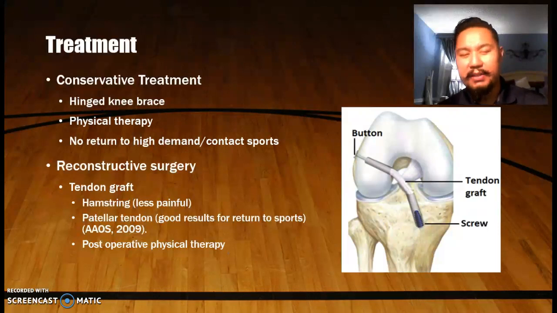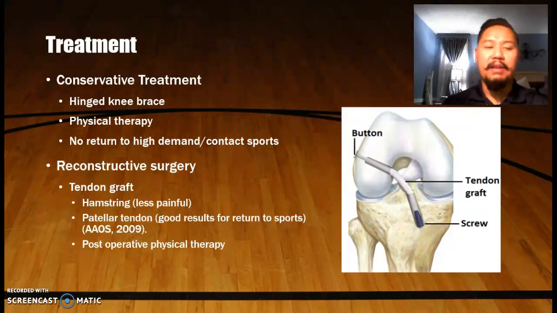However, if you did have a meniscus tear or you were trying to return to high demand sports like football, basketball, volleyball, soccer, things of that nature, then you would have reconstructive surgery. And in that case, there are more than two choices, but the two main choices are a hamstring graft and a patellar tendon graft. The patellar tendon graft is good for return to sports. The hamstring is less painful, however.